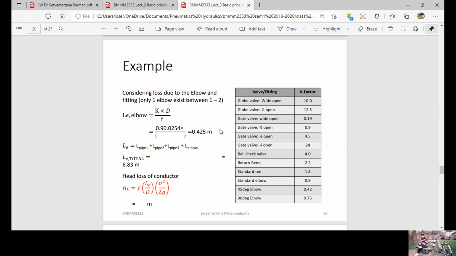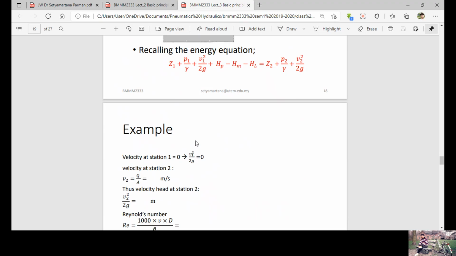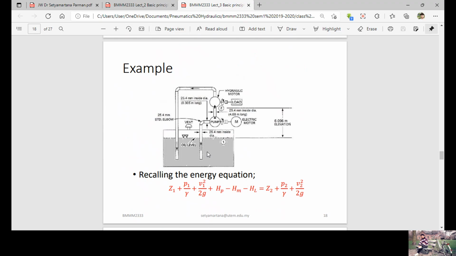Then we calculate the total equivalent length. It means the total length of all pipes plus the equivalent length for the elbow. If we see the system, we have the first pipe, second straight pipe, and then third straight pipe.